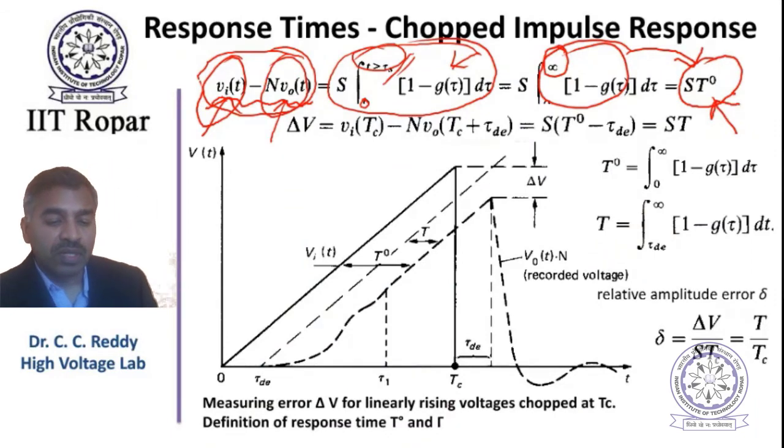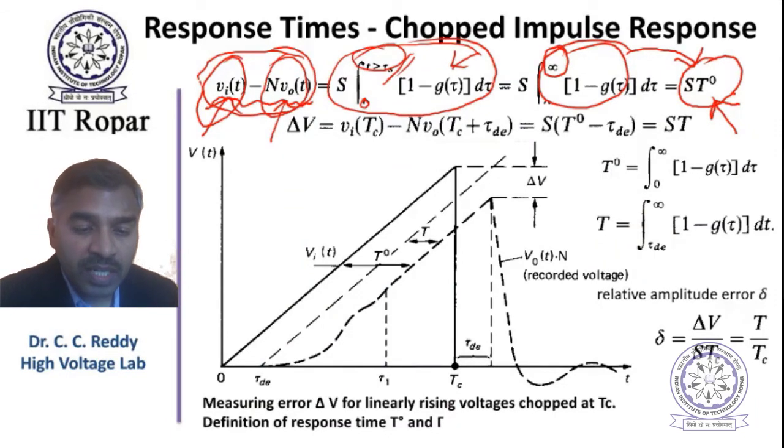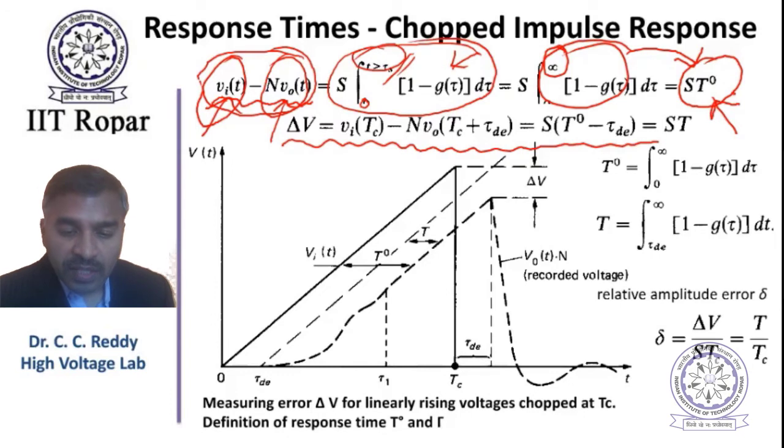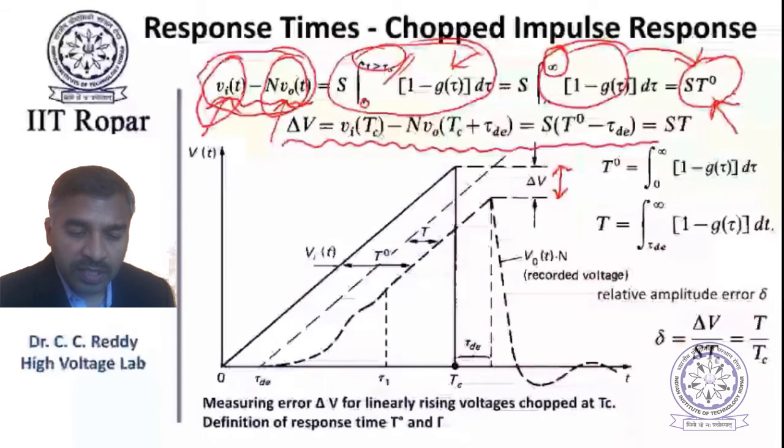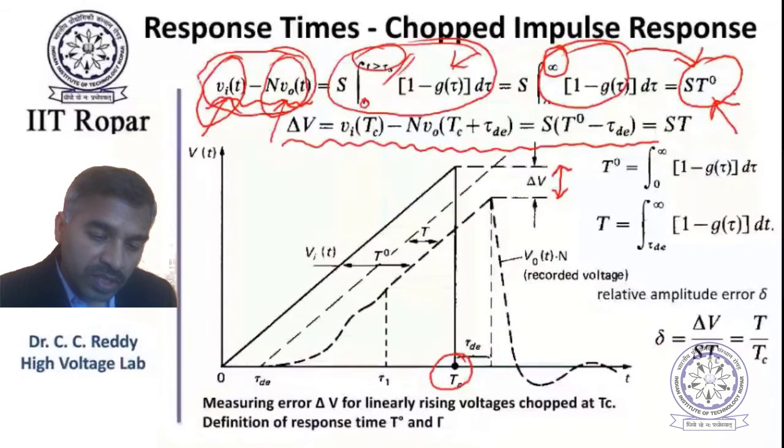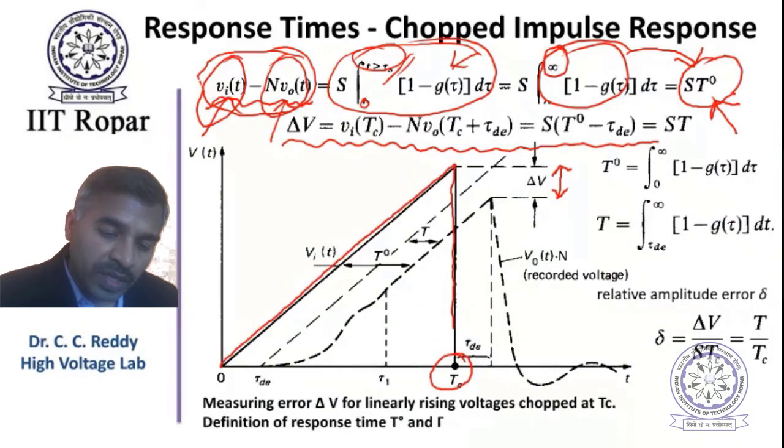Then again, what is delta V? Delta V is defined like this here. You can see Vi of Tc, exactly at Tc. Let me first explain. This is our input function. What is its mathematical equation?